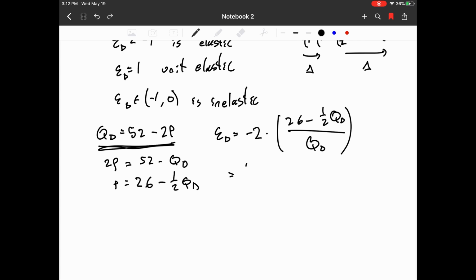So we have 1/2 qd over qd minus 26 over qd times 1/2. And this just gives us 1/2. Oops, I forgot to multiply by 2. So this is going to be multiplied by 2.